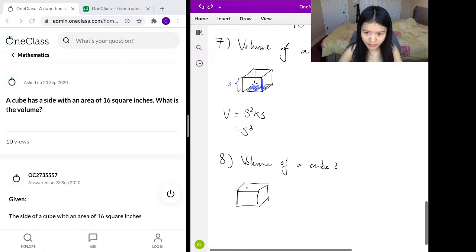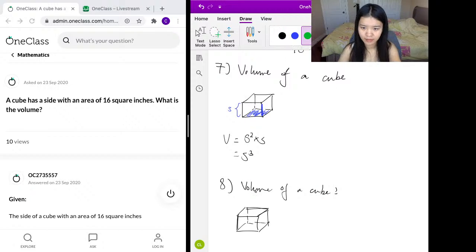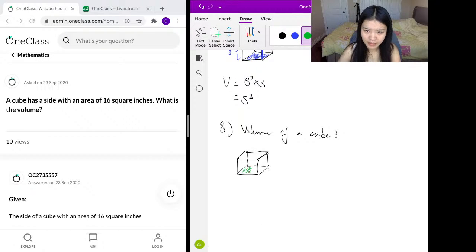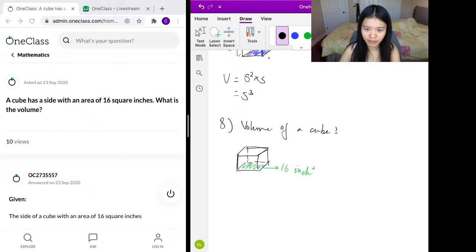It's not really well done, but we can work with it, right? It's asking us: a cube has a side area of 16 square inches, and what's the volume of the cube?